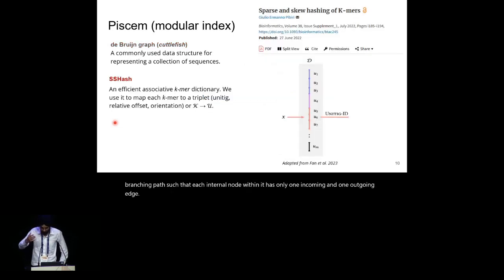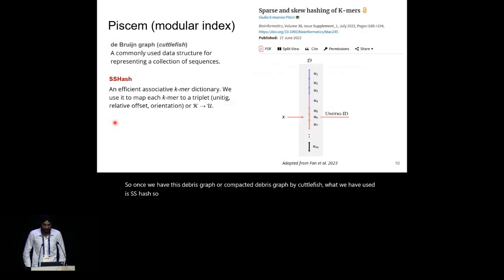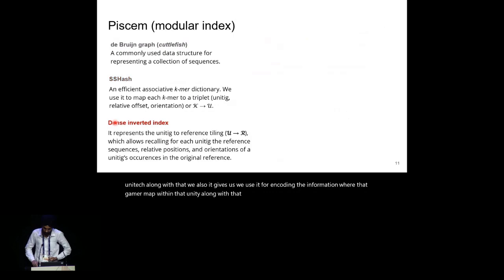Once we have this compacted De Bruijn graph from Cuttlefish, we use SSHash, an efficient k-mer dictionary, to map each k-mer to a unitig. We also use it to encode where that k-mer mapped within that unitig, along with its orientation.